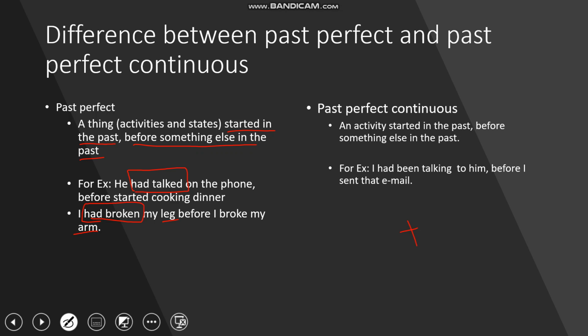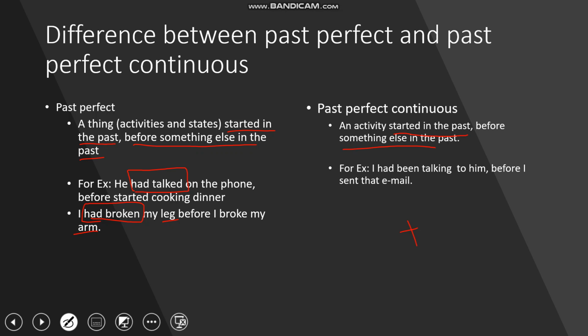Now let us see what is past perfect continuous tense. Past perfect continuous tense is an activity started in the past before something else in the past, which means it indicates an action that occurred before a certain point of time in the past and had continued up to that moment and was still in progress at the moment, or had recently finished.